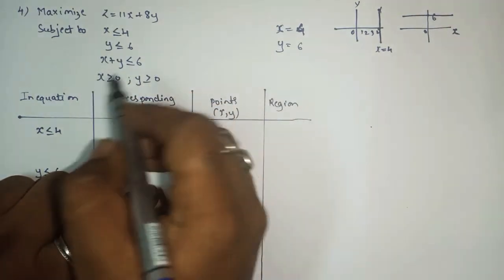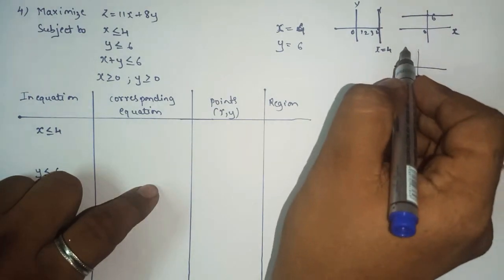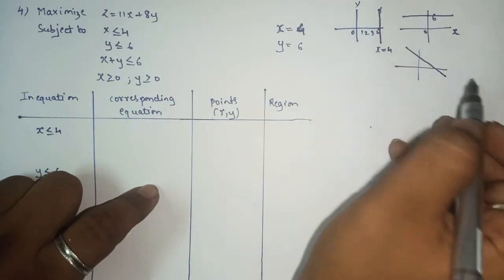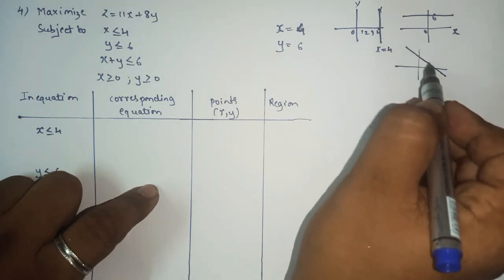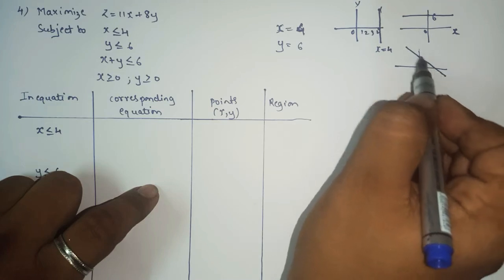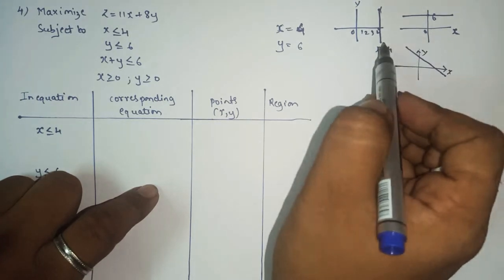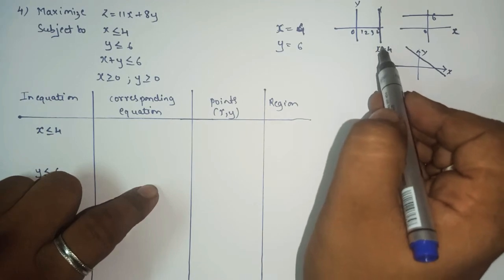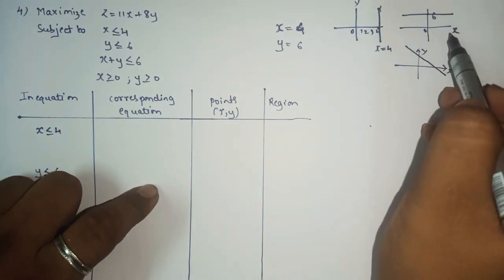And when we have both x and y, the line will pass through x as well as y also. So this is linear equation with two variables, and it will pass through x also and y also. Whenever you have only x, it will be parallel to the y axis. Whenever you have only y, it will be parallel to the x axis.